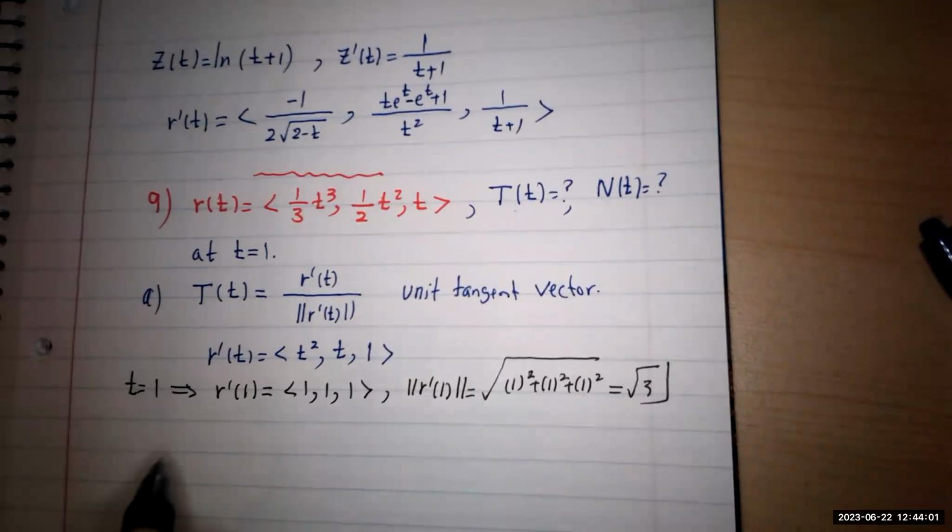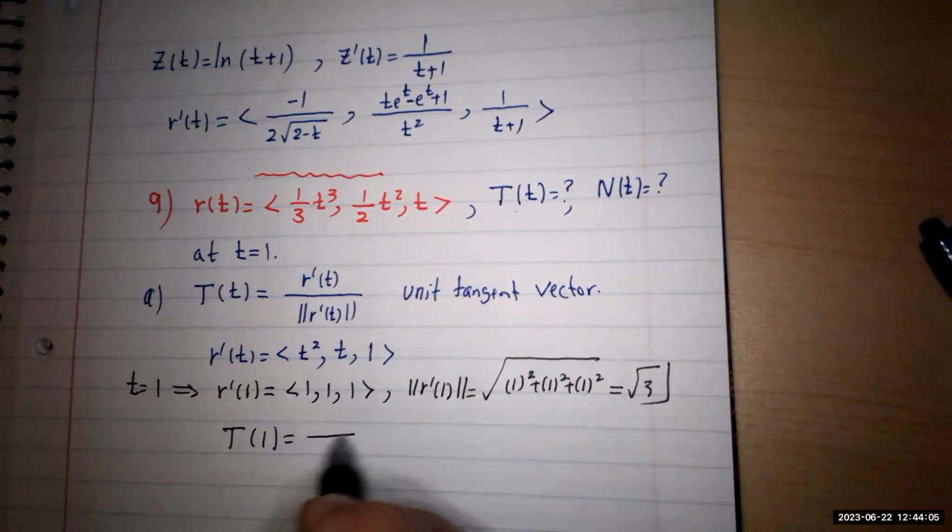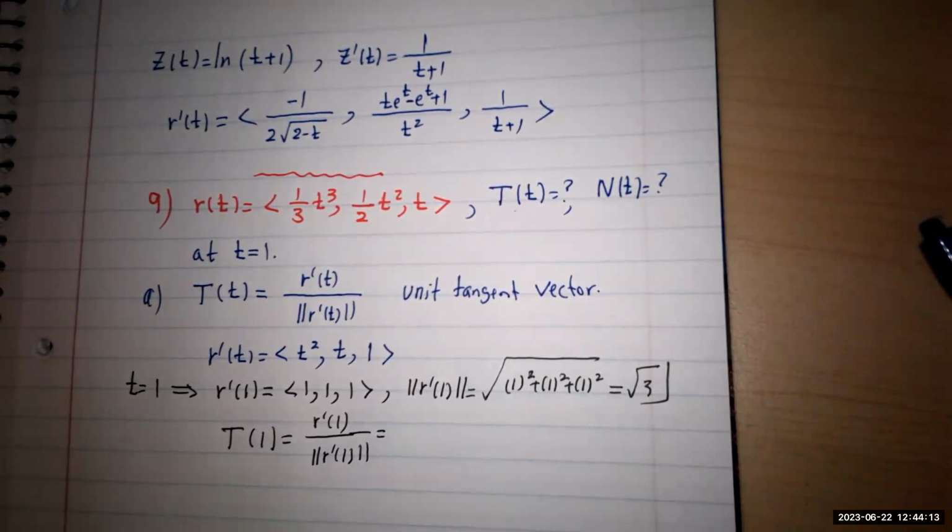Since I wanted T at 1, I find T of 1. T of 1 is r prime of 1 over the norm of r prime of 1. I substitute for the norm, which is radical 3. So that gives me r prime of 1 over radical 3.